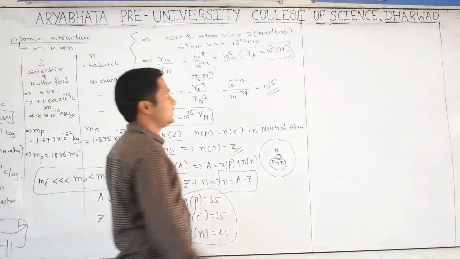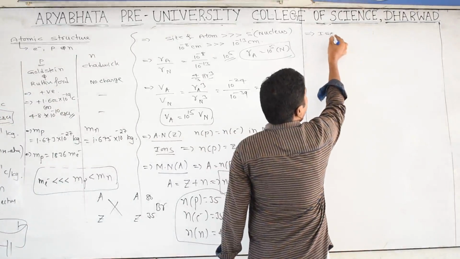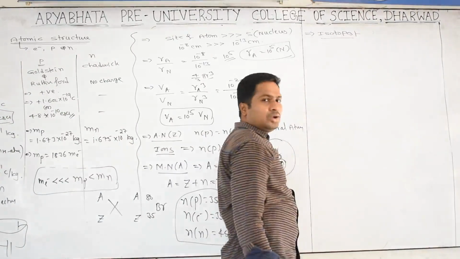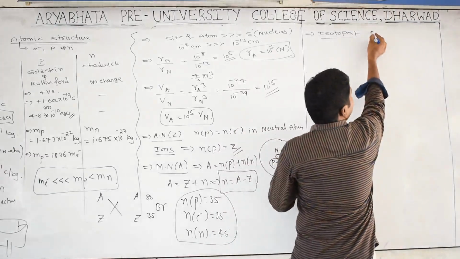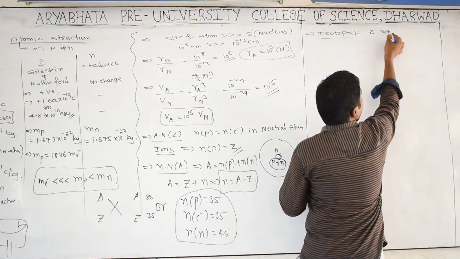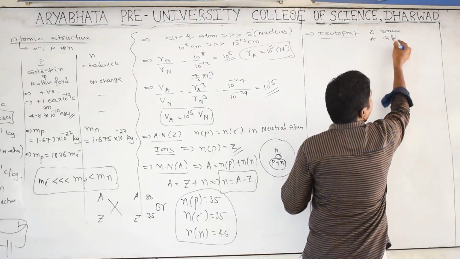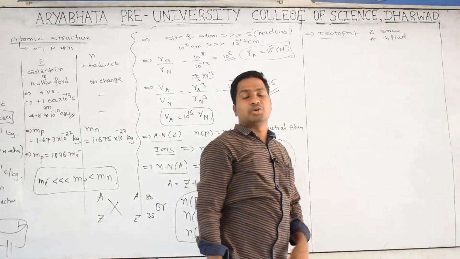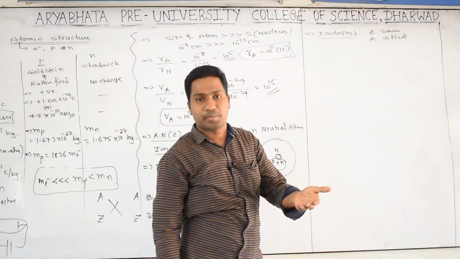Did you clear? Yes. Now we are discussing some other terms, namely isotopes. What is the meaning of isotopes? Atoms of the same species having the same atomic number but different mass number. This is possible only for atoms of the same element, which is why they have the same chemical properties. Why?